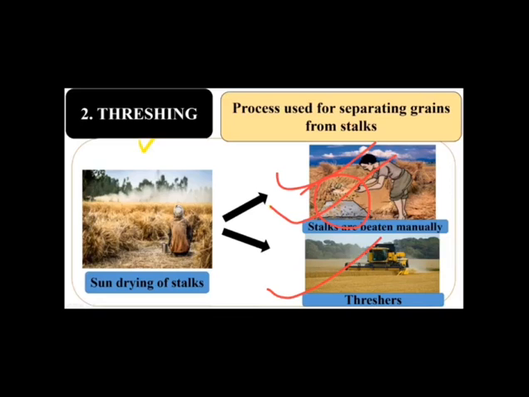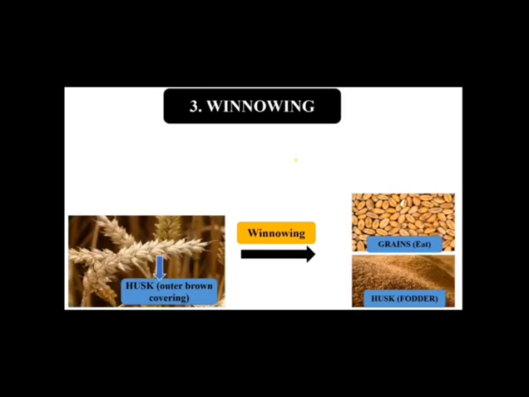So the next method of separation is winnowing. Let's take a closer look at this. This is a wheat plant. In threshing we separate the grains from the stalk of the wheat plant, but in winnowing we have to separate the grains from the fodder or from the husk.